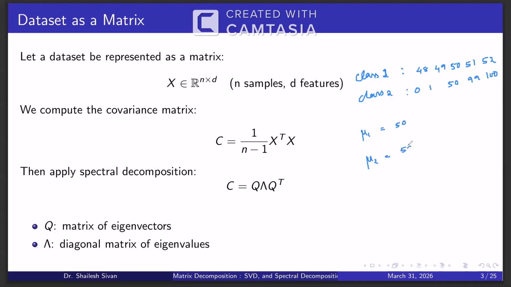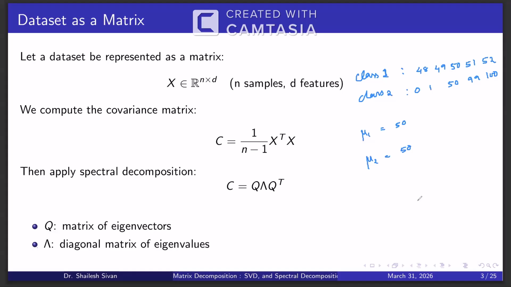For class 2 also, it is 50, right? So with the mean alone, can we represent the behavior of a class? Is it possible? No. Right?